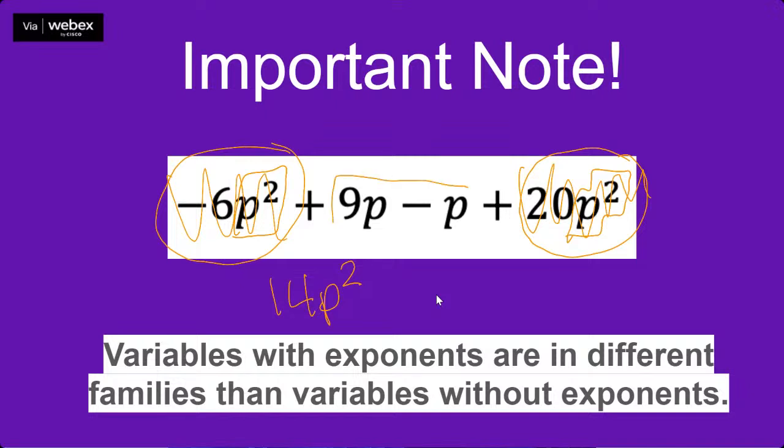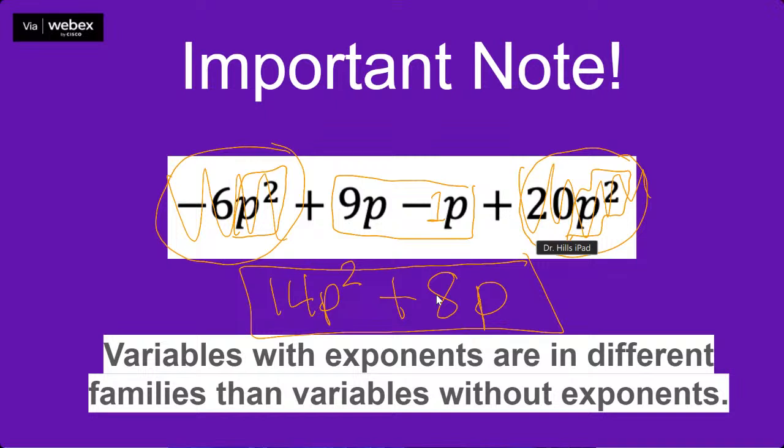What does 9p minus p mean? 1p, basically. Remember, there's an imaginary 1 here, so it'll be 9 minus 1, which is 8. So we have 8p. Plus 8p. And this is our answer: 14p squared plus 8p. Correct.